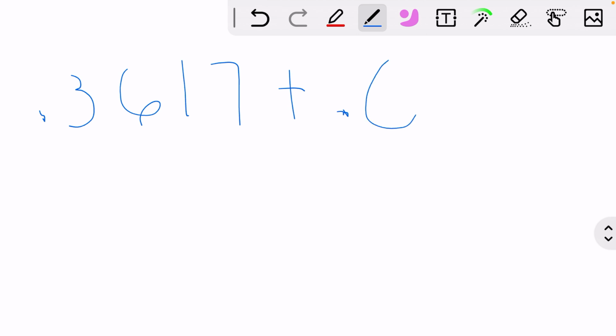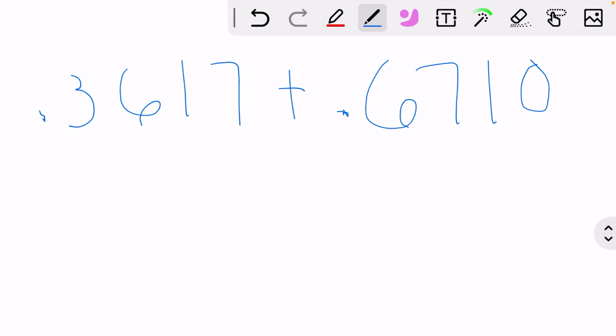Let's do one more example. We're going to do 0.3617 plus 0.6710. Again, this problem is the same as the other two.